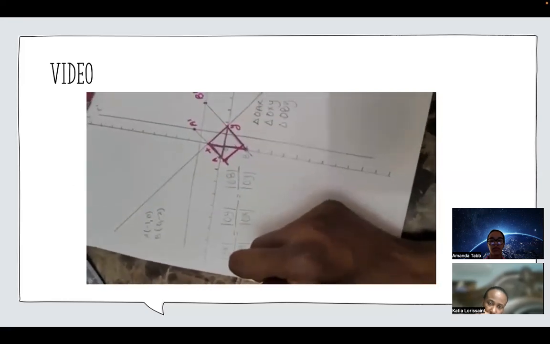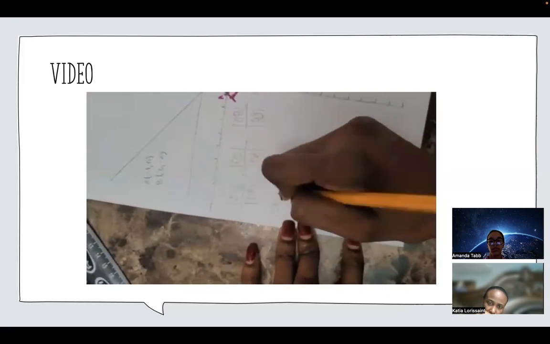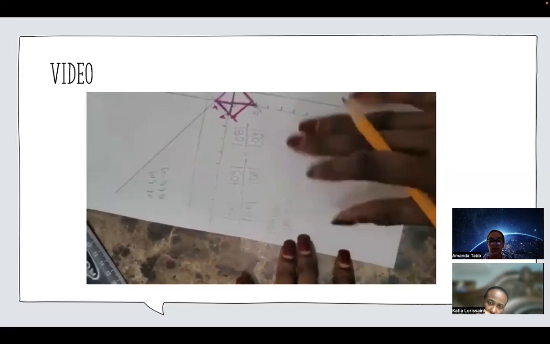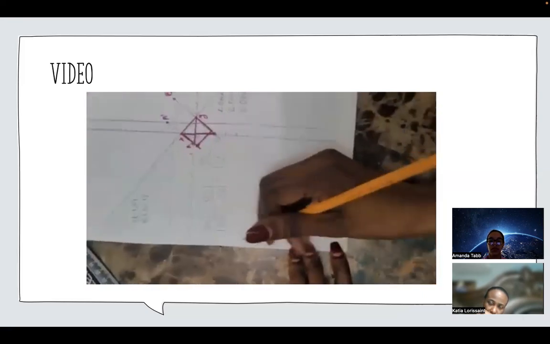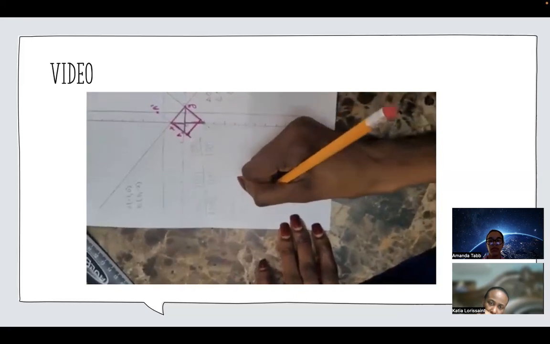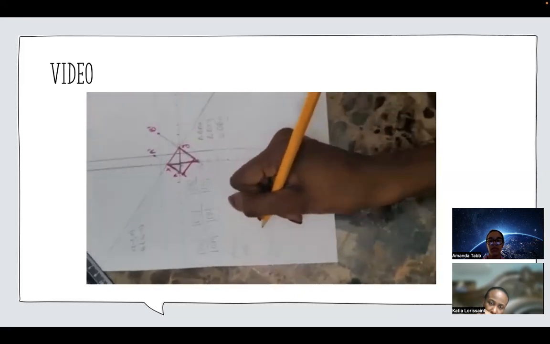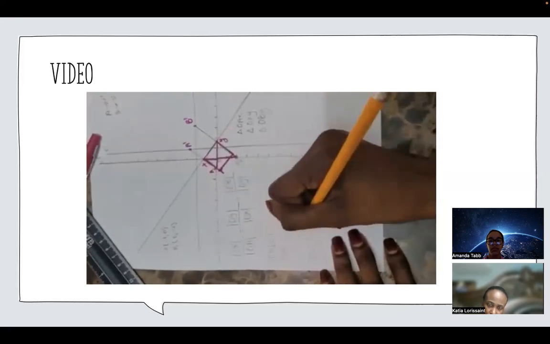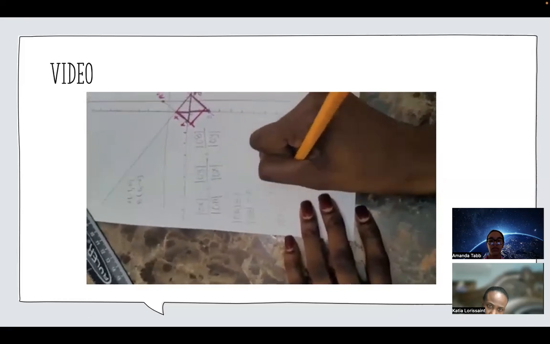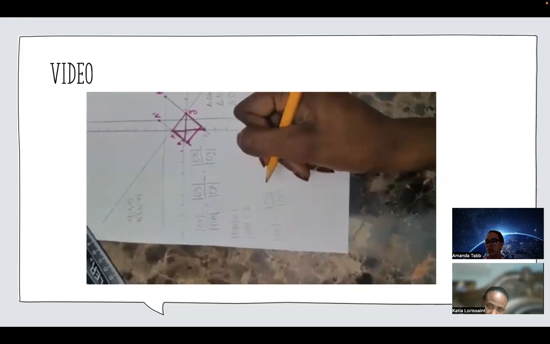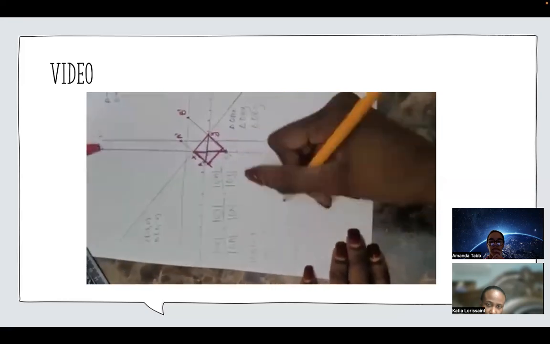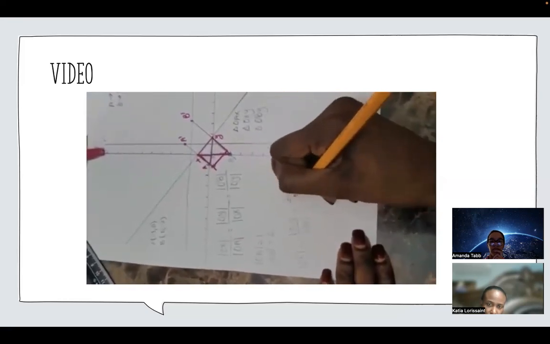So the absolute value of OX over 1 equals the absolute value of OY over OX, which equals 2 over OY.